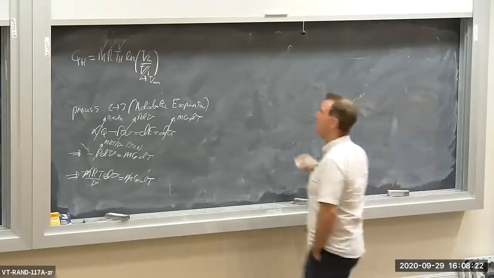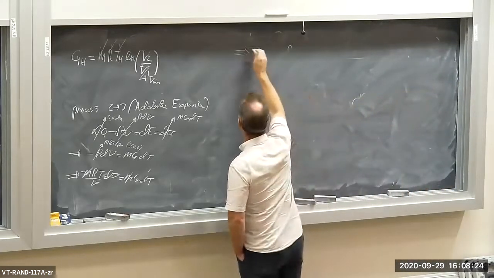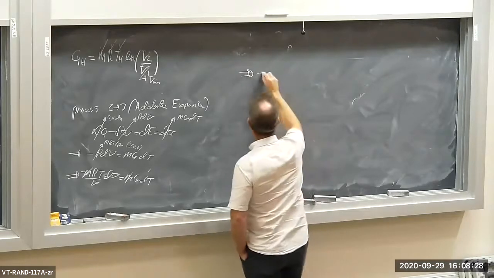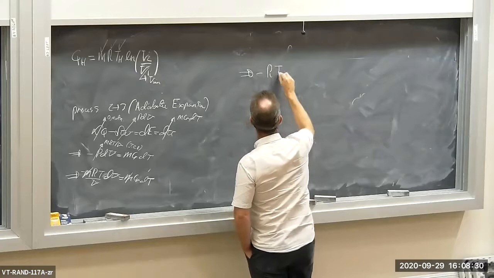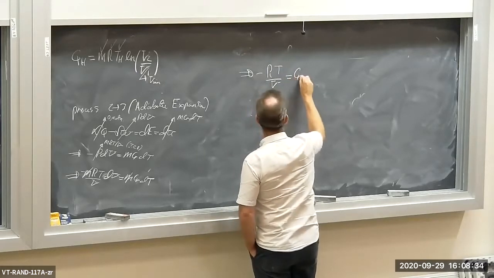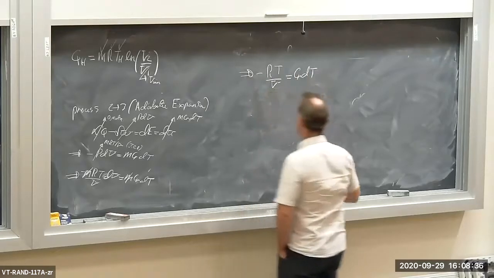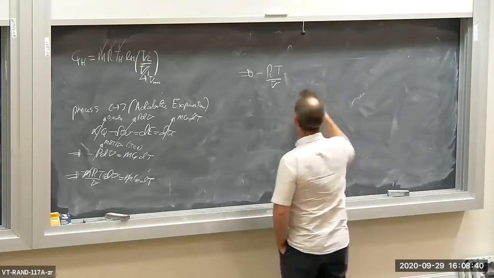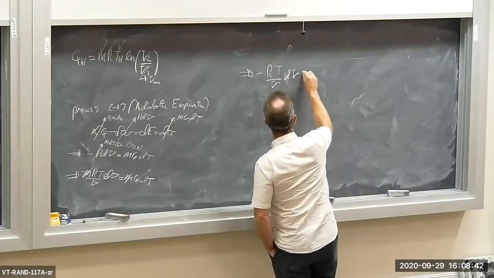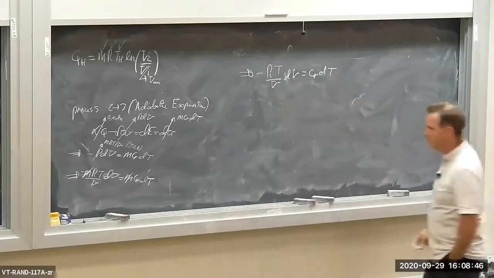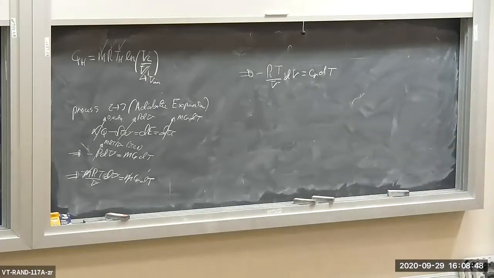Negative RT over V dV equals CV dT. That's from the energy balance differential form.